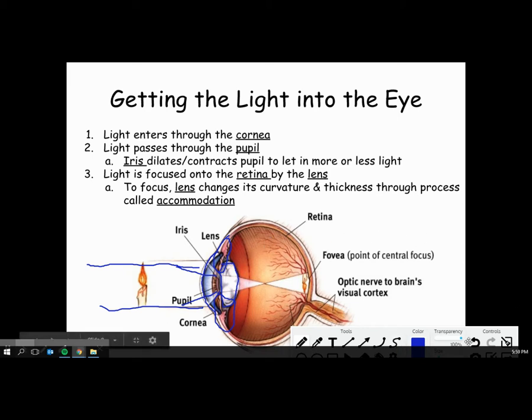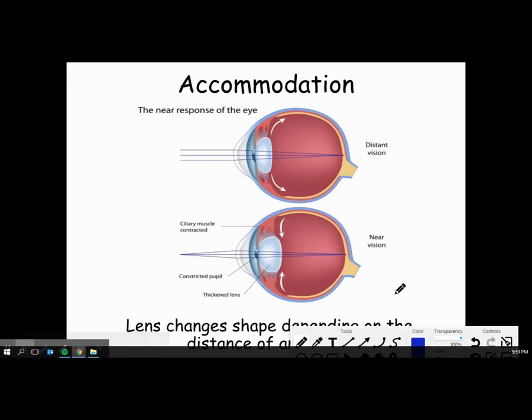I'm going to go to the next slide here. It does this through a process called accommodation. When things are far away, it actually gets thinner. When things are closer, okay, it thickens, right? So it gets thinner here, thickens here for things that are close.